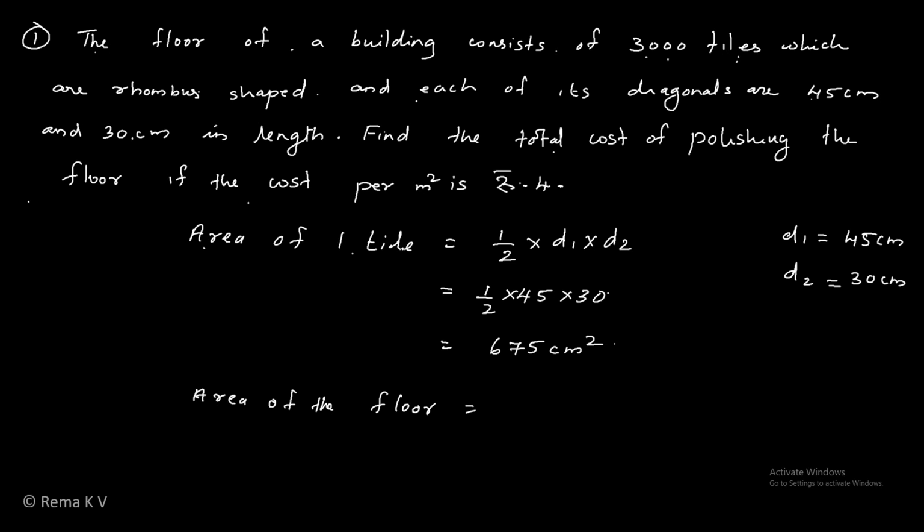Area of one tile is 675 centimeter square. How many such tiles are there? 3000 tiles. So area of the floor is equal to 675 into 3000 centimeter square.